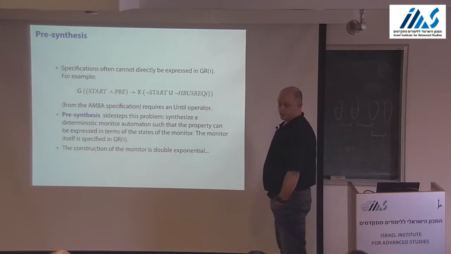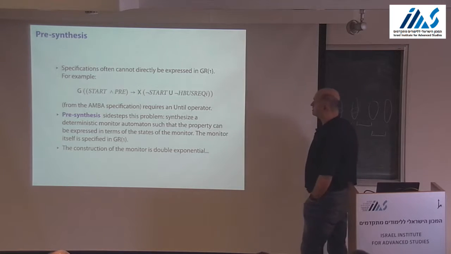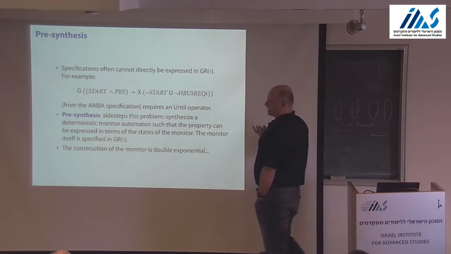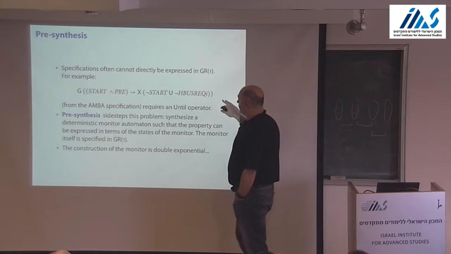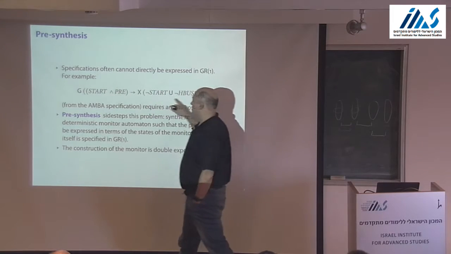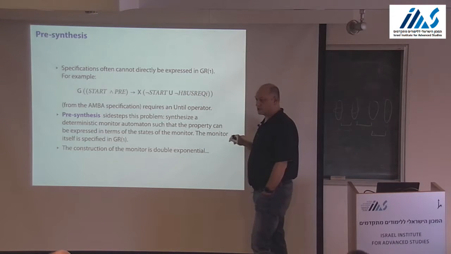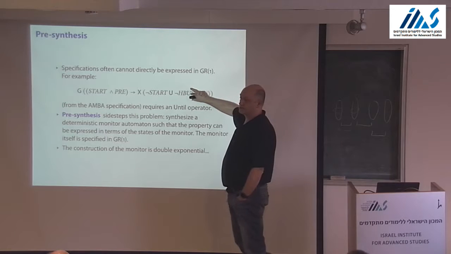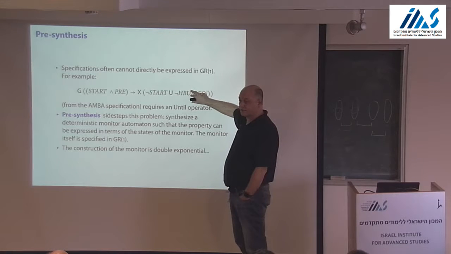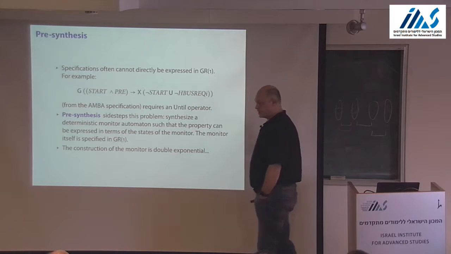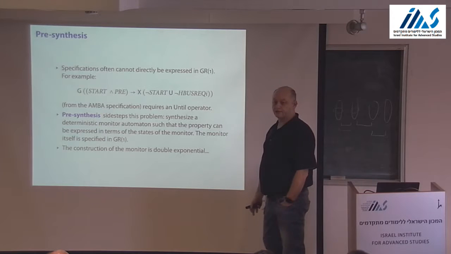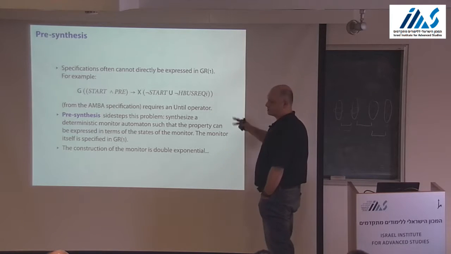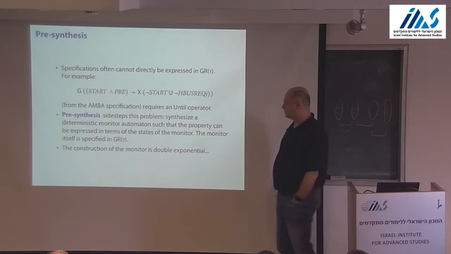You remember the AMBA bus protocol is one of these success stories, and that was done with GR1 synthesis. The way out is that rather than writing down this property directly in your specification, you describe a monitor that checks whether or not that property is satisfied, and you synthesize that monitor along with the actual design. And then you require that the monitor is successful.